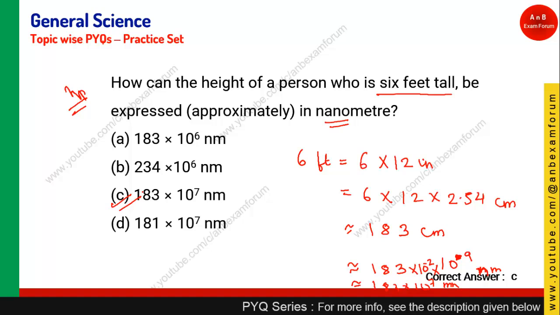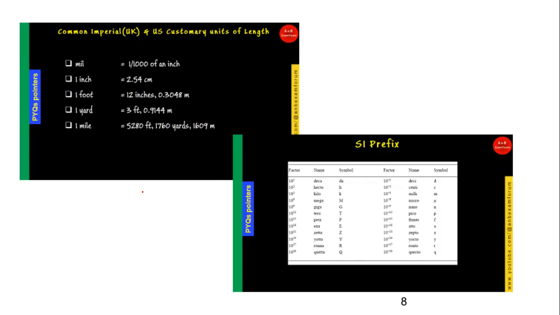The units that we talked about just now are basically the imperial units, which were commonly used in the older days, like in UK or US. The very popular one is the inch. 1 inch is 2.54 centimeter. This you need to remember. And 1 foot is 12 inch or 0.3048 meter.